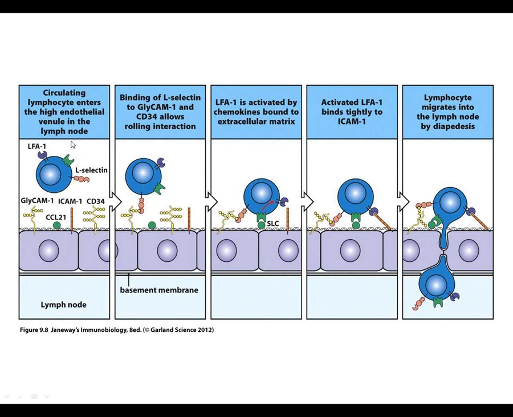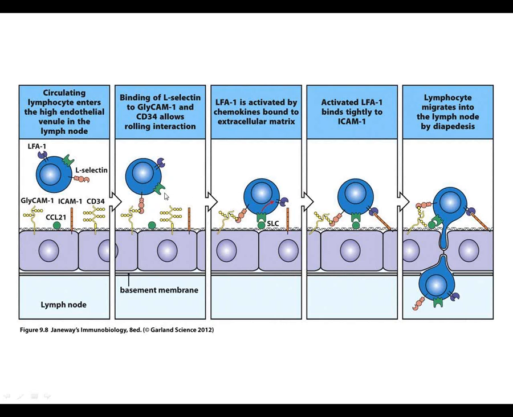Okay, so let's take a look at what's happening. So you have your lymphocyte. It's at the high endothelial venule. It's deciding to get out at this lymph node. So it's coming along, and then the L-selectin on the lymphocyte is going to interact with its selectin ligand. In this case, it's GlyCAM1, and it's going to allow for slowing. So these are going to be several quick on-offs.